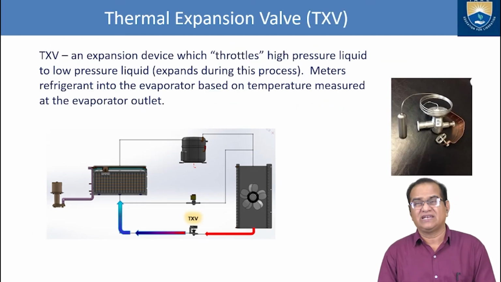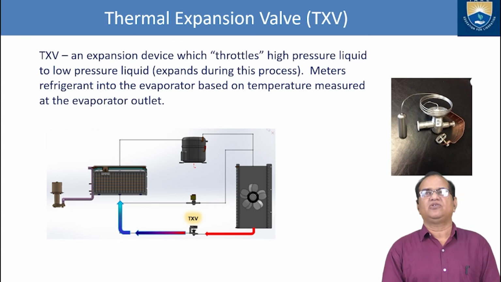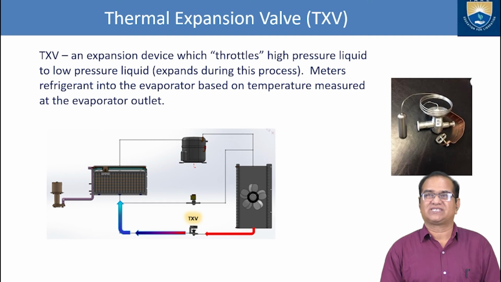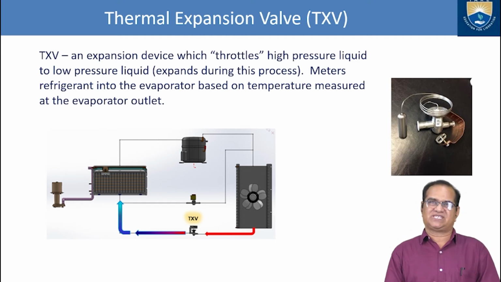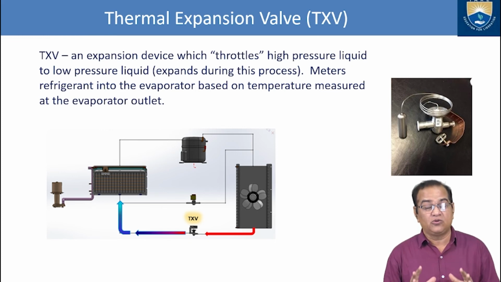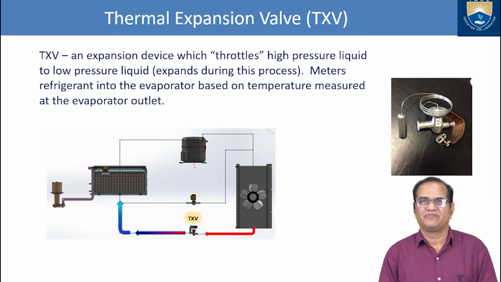Now I will go to the third component, which is the expansion valve. Here is the thermal expansion valve, also denoted by TXV. The TXV, an expansion device, throttles high pressure liquid to low pressure liquid. So the purpose of this thermal expansion valve is to reduce the pressure, from high pressure to low pressure liquid.